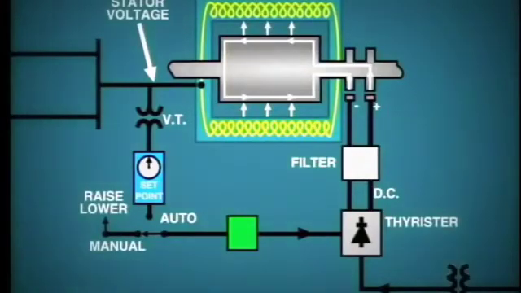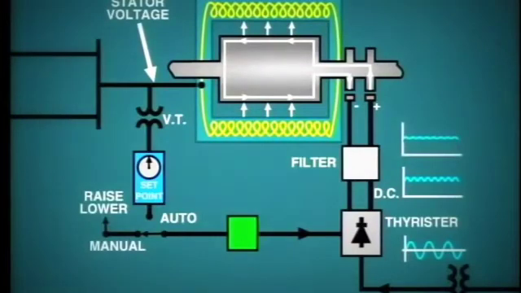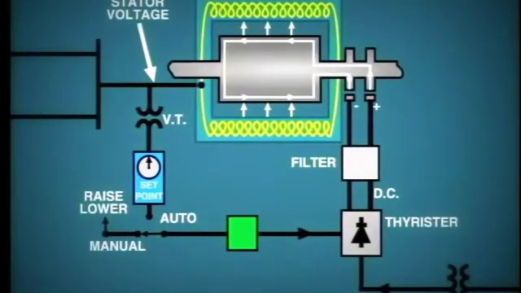The sine wave for the incoming three-phase AC voltage, which is applied to the rectifier, will look like this. After rectification, the DC output can be represented by this curve, and this may be further smoothed to look like this. The level of DC voltage can be adjusted by controlling the firing of a thyristor-type rectifier.